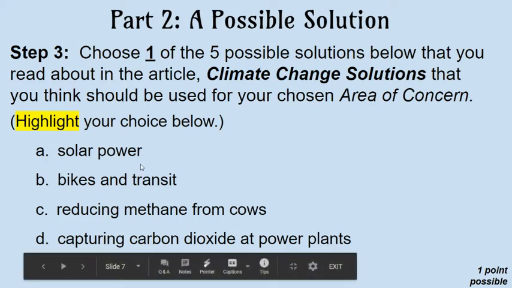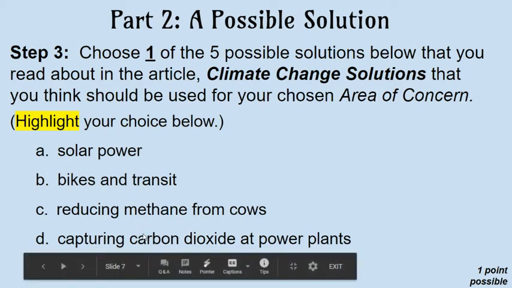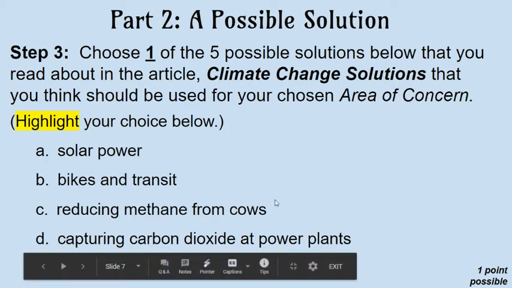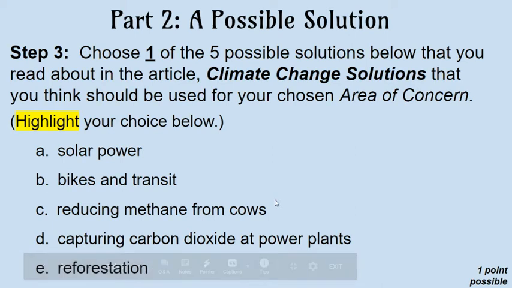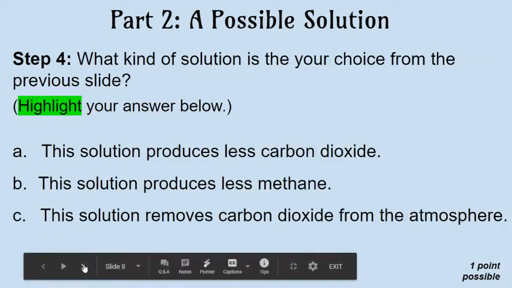Solar power, bikes in transit, reducing methane from cows, capturing carbon dioxide at power plants, and my last one, reforestation. So using whatever blue box that you chose in the previous slide, you're going to choose one of these possible solutions to solve that problem you identified. And you're going to highlight your answer.